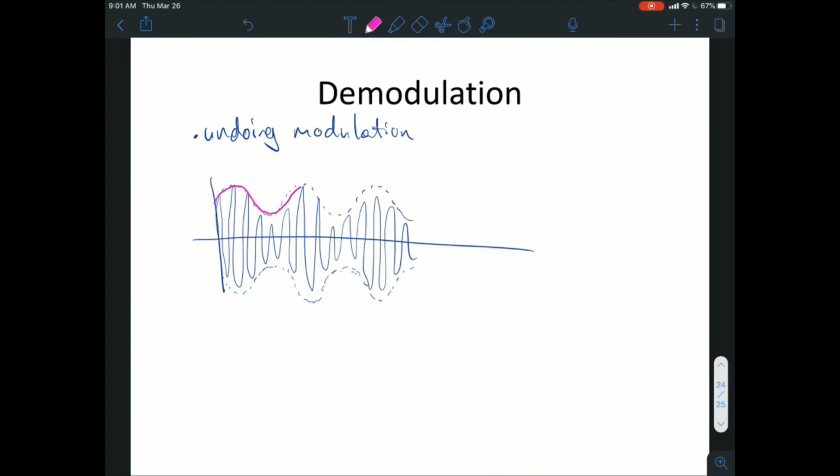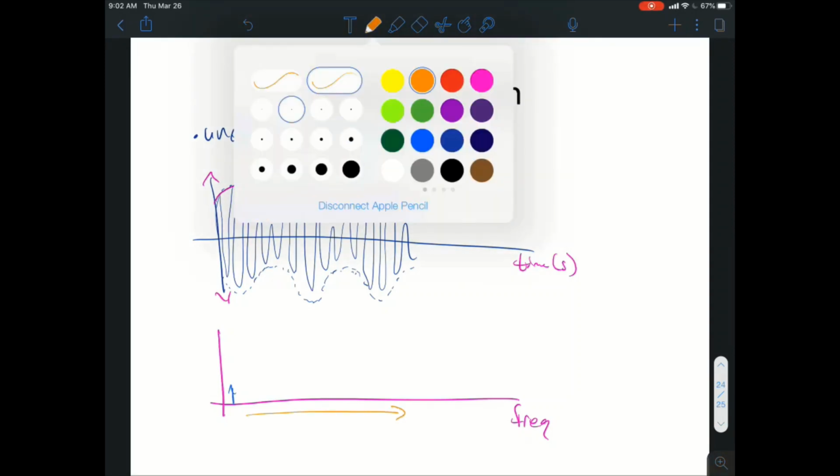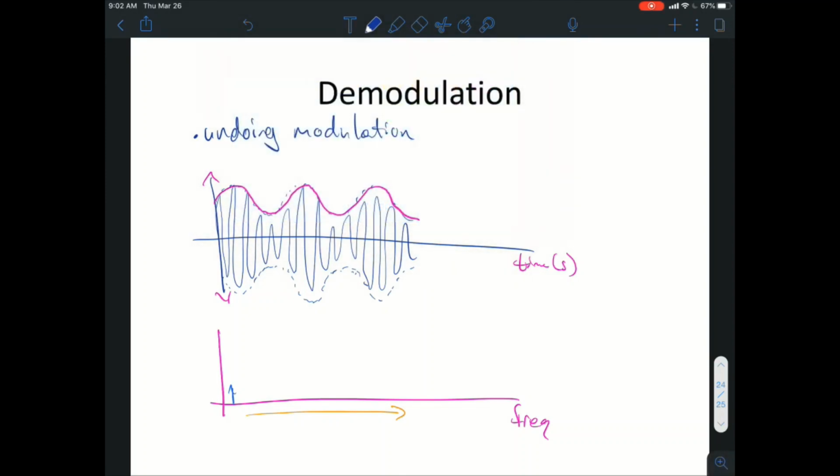You are not responsible for knowing anything other than the fact that demodulation undoes modulation. So I don't want you to spend a lot of time on it, but understand that when we did this in the frequency domain, because this is time in seconds, and over here we're looking at the frequency domain, we took a signal that was down here in the lower end of the frequency spectrum, and we shifted it all the way out here, and when we did that, we ended up with our carrier spike and some sideband spikes.